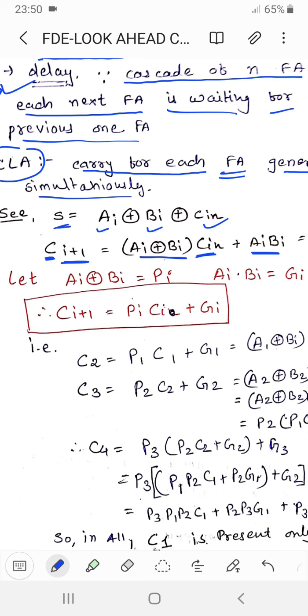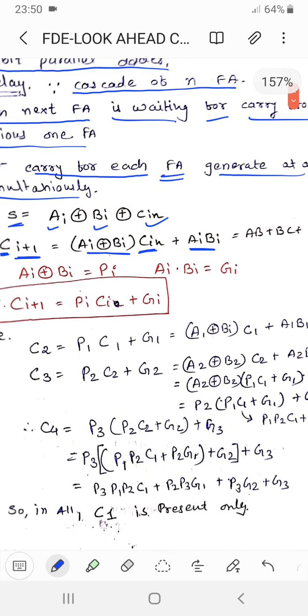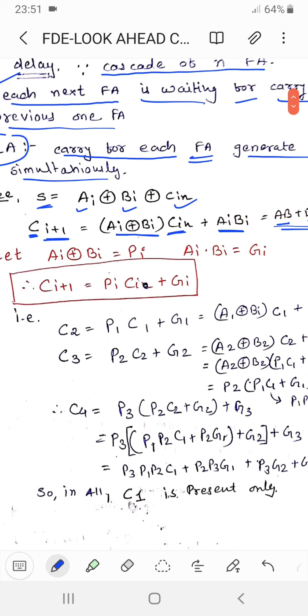This is the concept of our full adder, nothing else. We can also write the carry out as the AND product of the three inputs taken pairwise and their summation, which gives the full adder carry out.